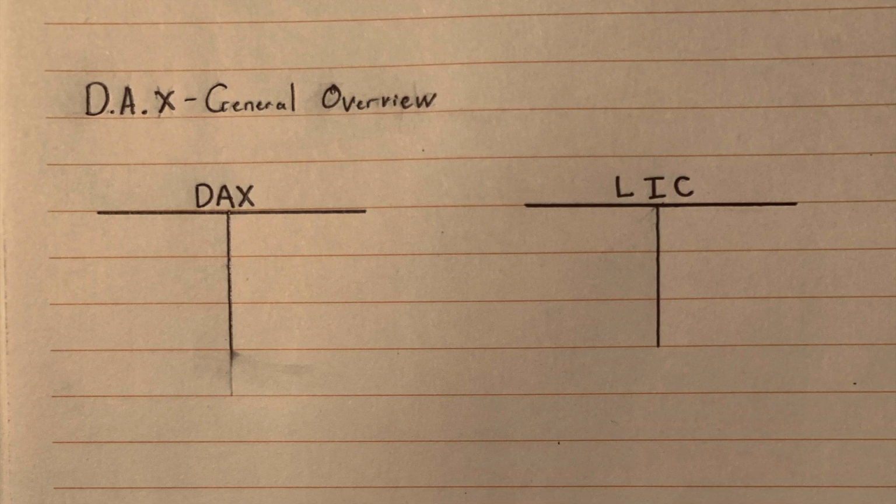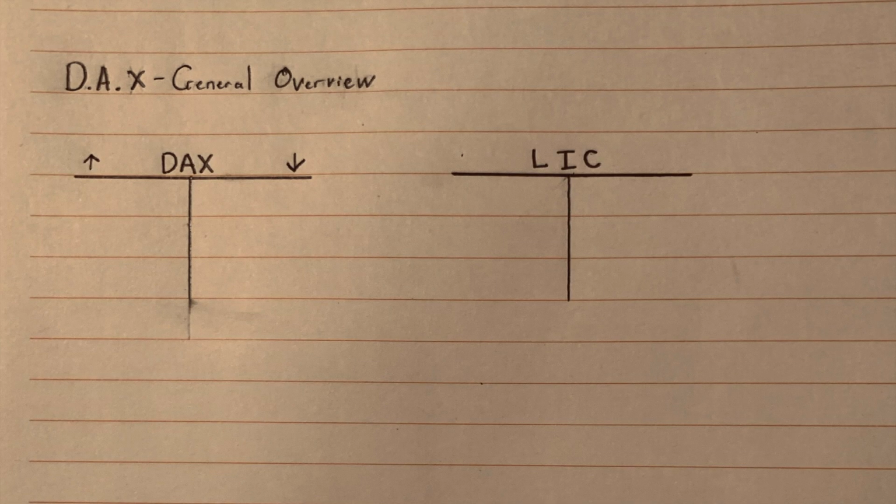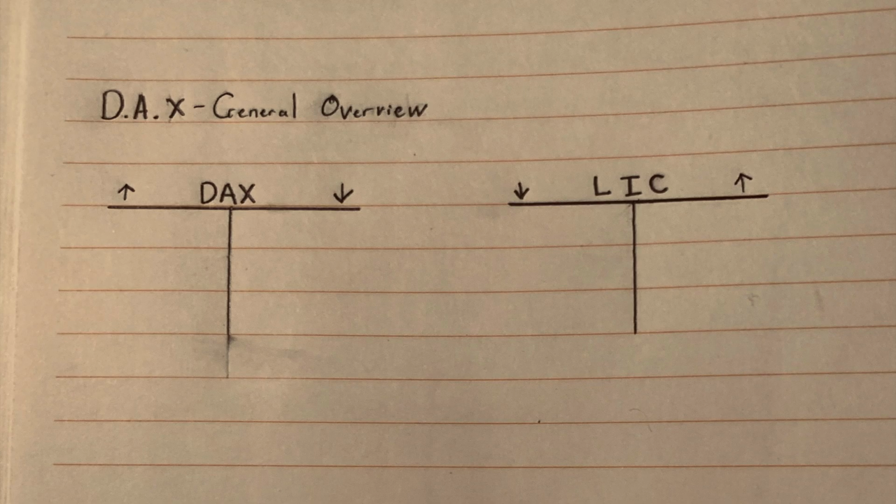Now that you've got your drawings of the T accounts and you've got them labeled as DAX and LIC, I need you to remember a little cue that will help you with drawing all of your T accounts. Remember that DAX increases in value on the debit side and decreases in value on the credit side, where LIC is the complete opposite. It decreases on the debit side and increases on the credit side.